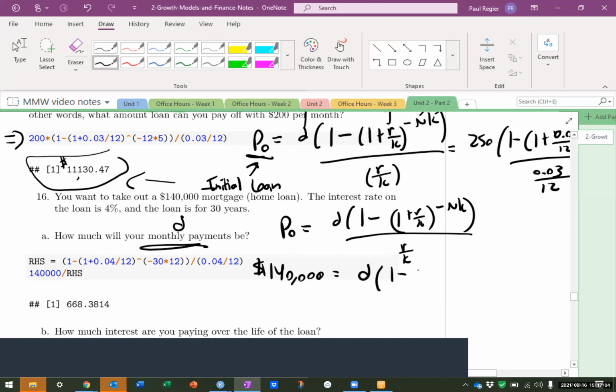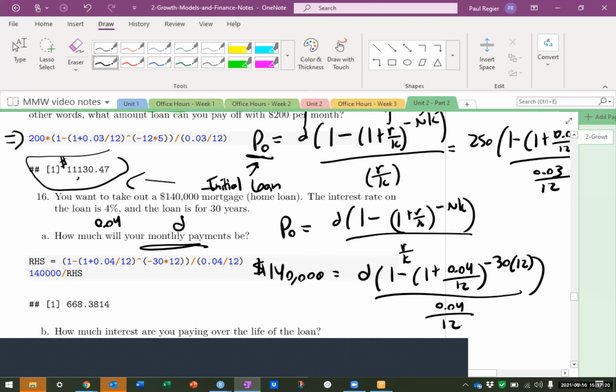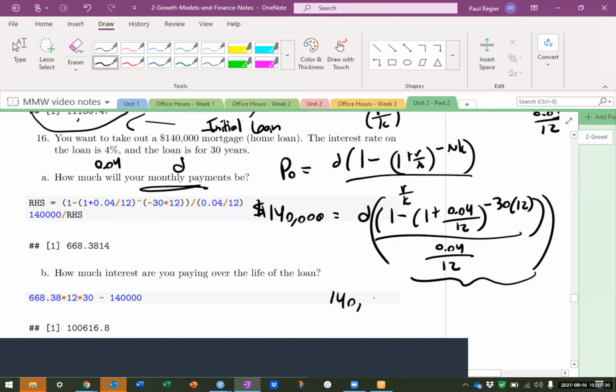So we have to do 1 minus (1 plus the rate over K). K is almost always 12, and this is a 30-year loan. See if you can practice solving this. Find the right-hand side and calculate what that is. So you get 140,000 times D equals something. Then you divide both sides to get the payment.